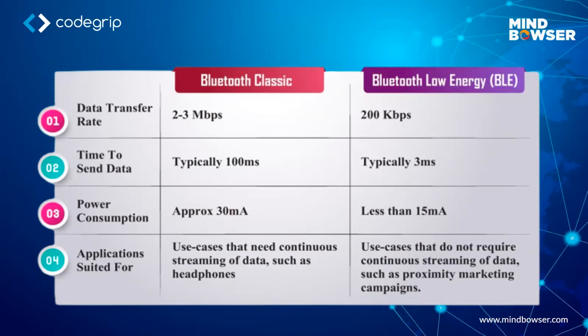First, we are considering the data transfer rate. In Bluetooth Classic it's 2 to 3 megabits per second, and in Bluetooth low energy it's 200 kilobytes per second. Then the time to send data for Bluetooth Classic is typically 100 microseconds, and for BLE it's typically 3 microseconds.